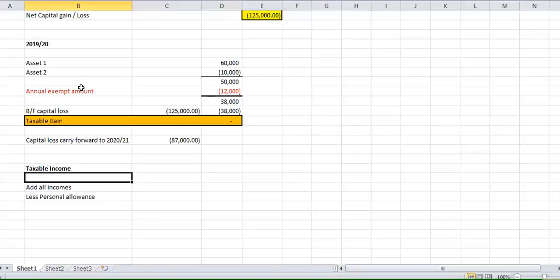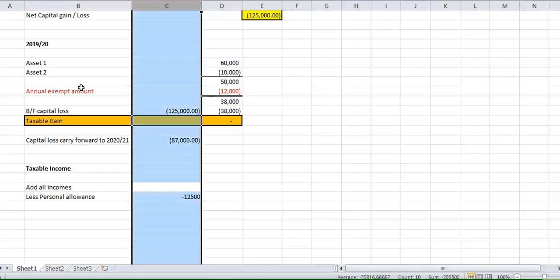So just like capital gains tax, a fixed relaxation is also available in the income tax amounting to £12,500.